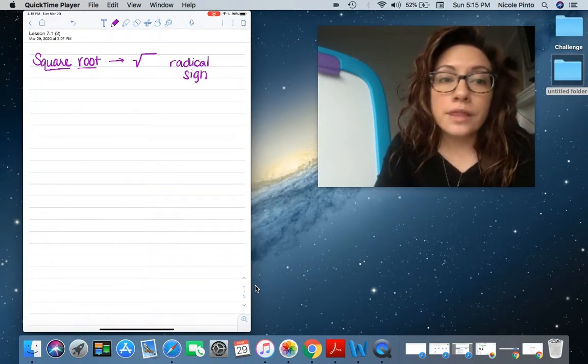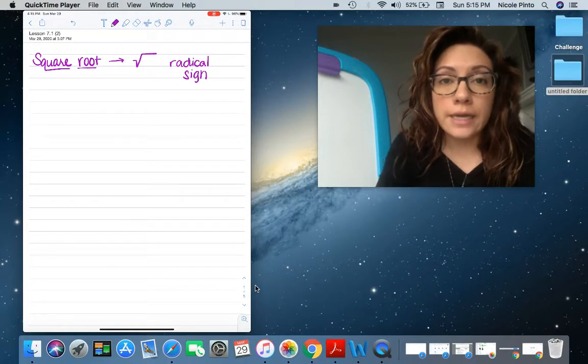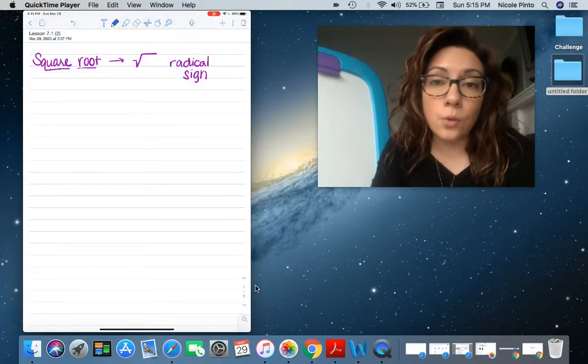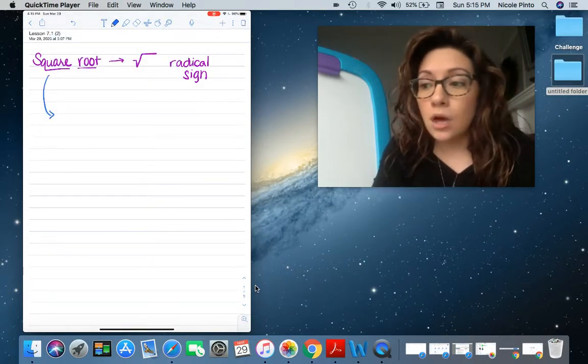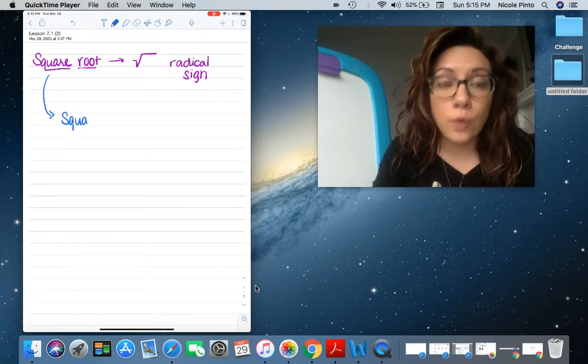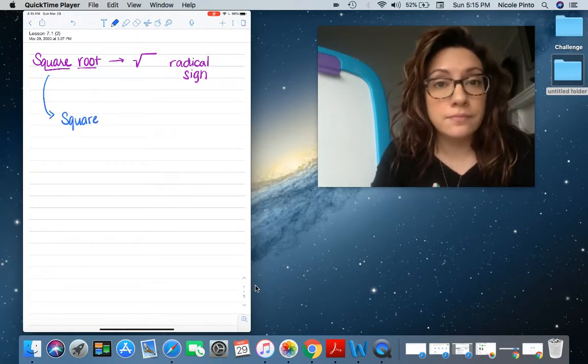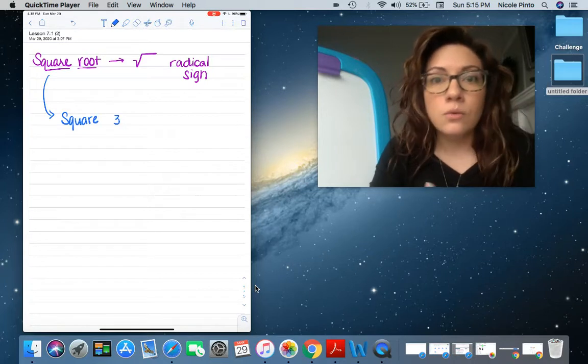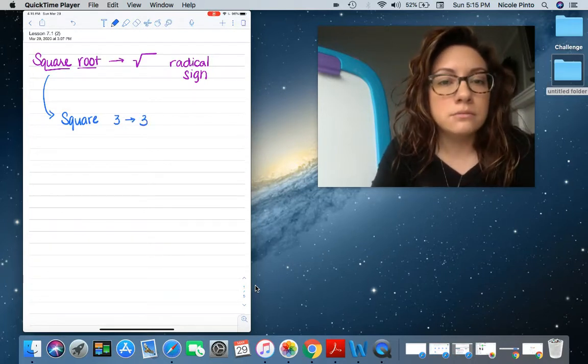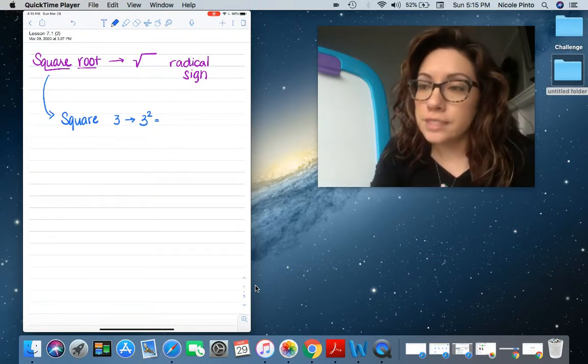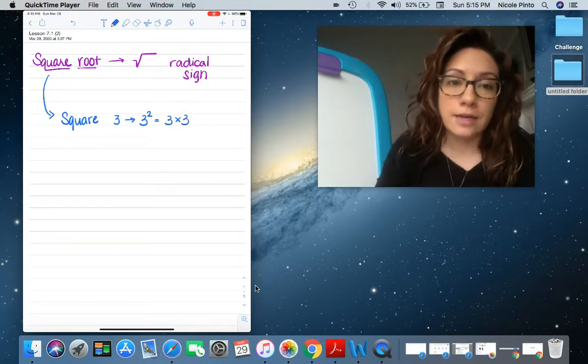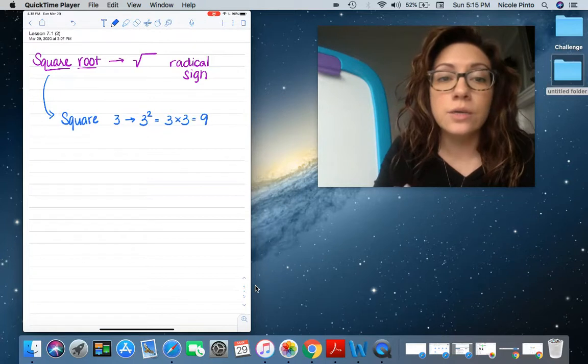Now, when we think of square root, if I told you to square the number 3, tres cuadrado, what does that mean? If you were thinking 3 times 3, you're correct. So 3 squared, we know is 9.